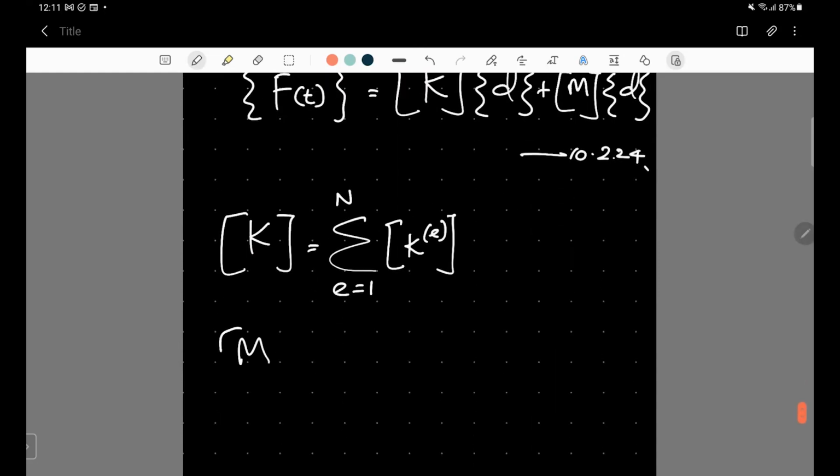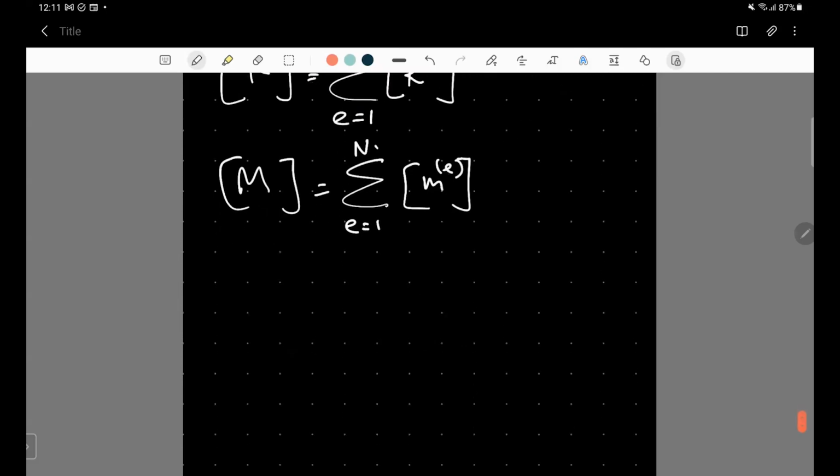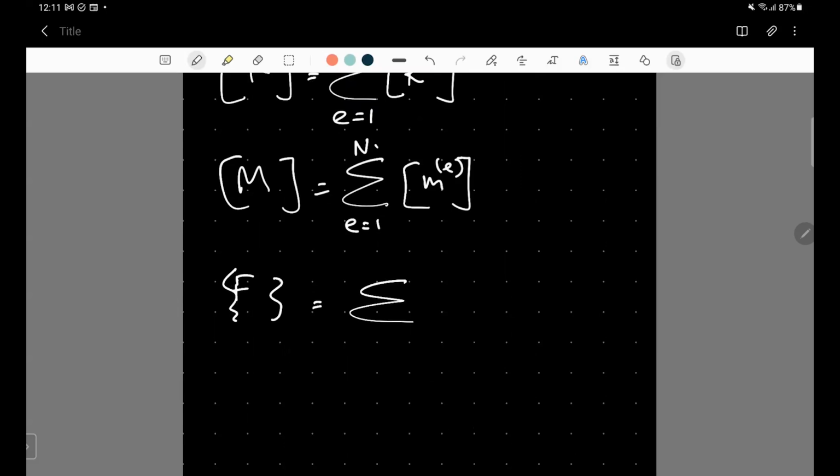Similarly, for the mass matrix, we consider all the mass matrices corresponding to elements and assemble them over all the elements. Similarly, when we consider forces, the external force applied, or when we apply the boundary conditions, we have to consider all the forces applied on the elements.